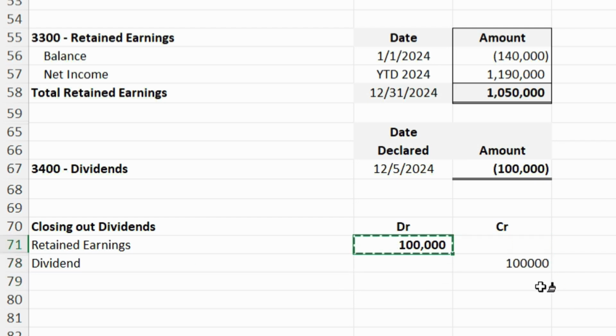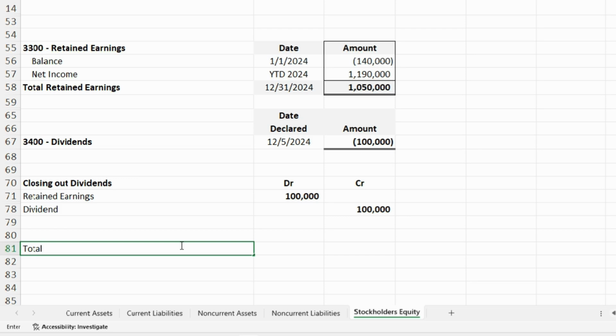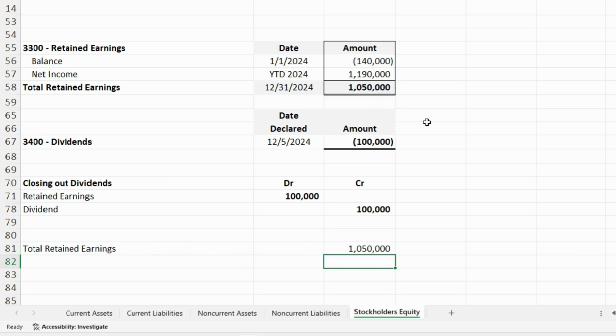And what that will ultimately do, I just want to give you an example of how that looks. So total retained earnings, $1,050,000 right now. That's our ending retained earnings balance, which we roll in the net income from 2024.